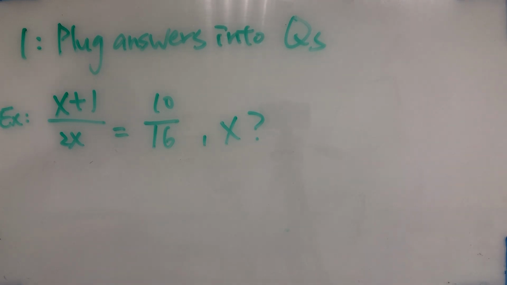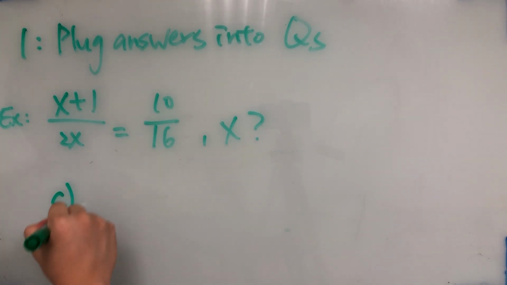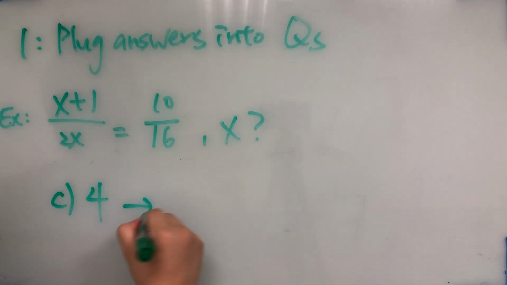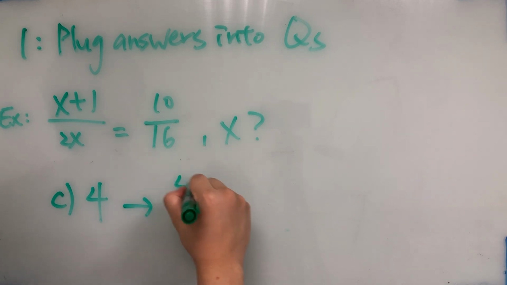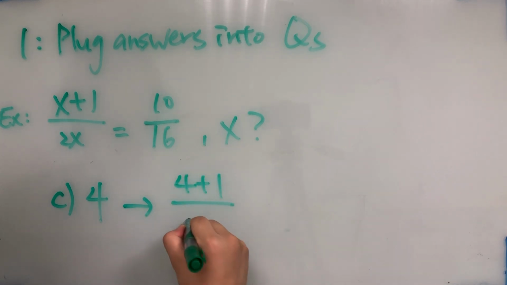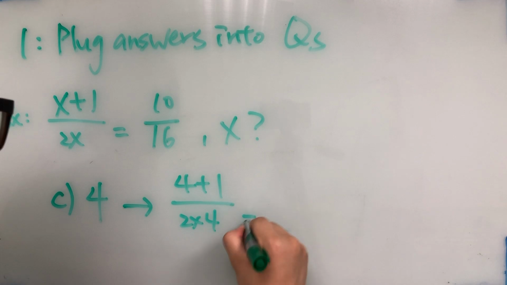I'm just gonna skip B because it's pretty much the same idea. And let's do C, 4. It would be 4 plus 1 over 2 times 4.